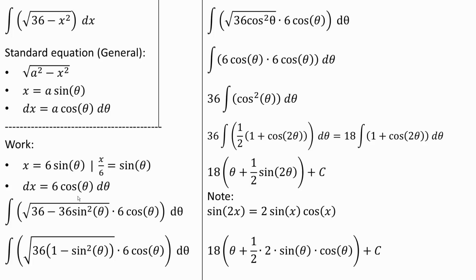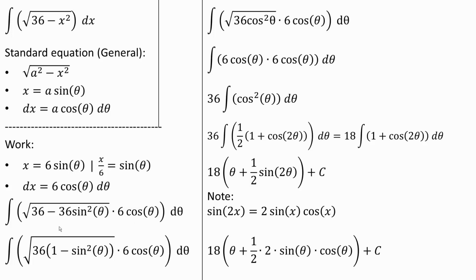And now we simply swap. So we say the integral of the square root of 36 minus, instead of x, we put this piece here. But this piece is going to be squared. That's why it's 36 sine squared theta times, now instead of dx, we replace it with this. So times 6 cosine theta d theta.